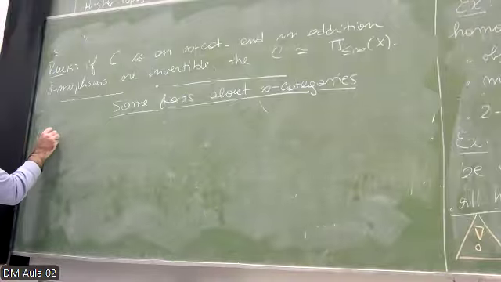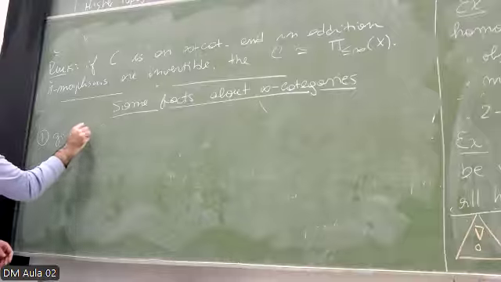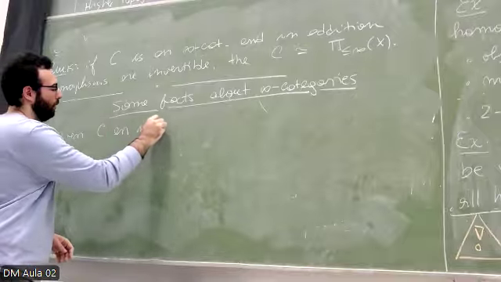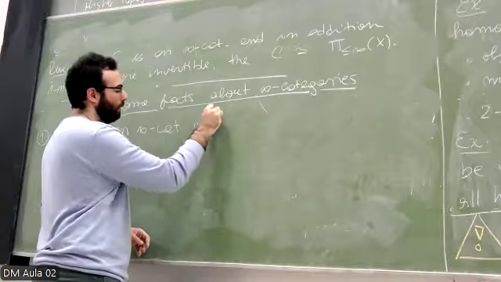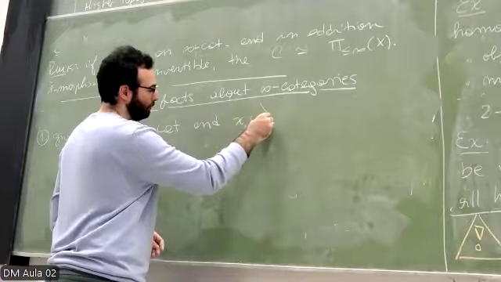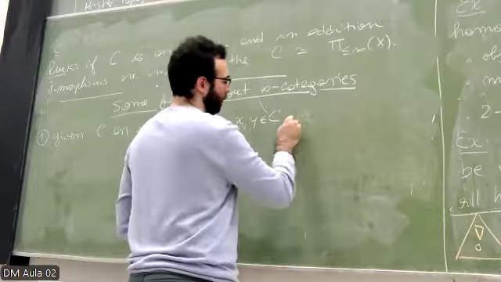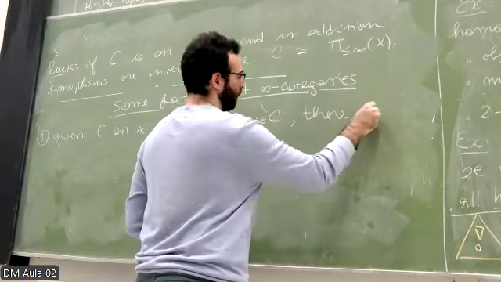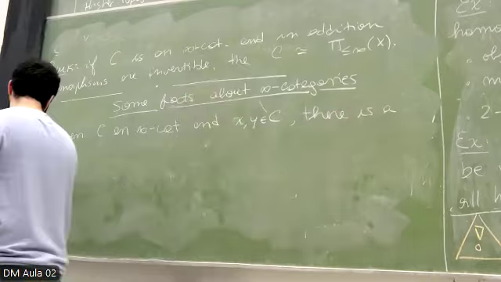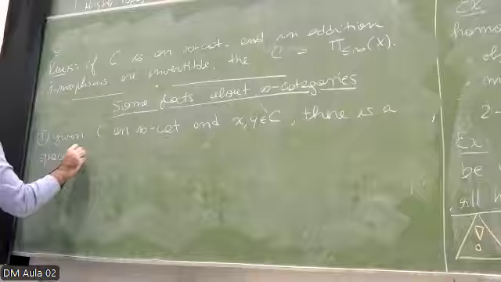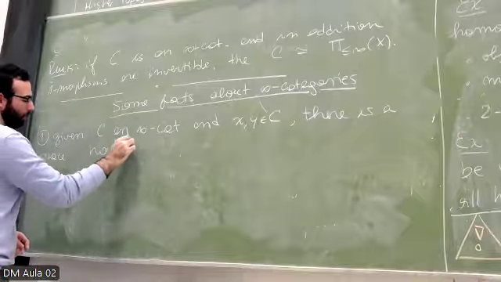So one, if you have an infinity category and two objects, then there is a space of morphisms between them.